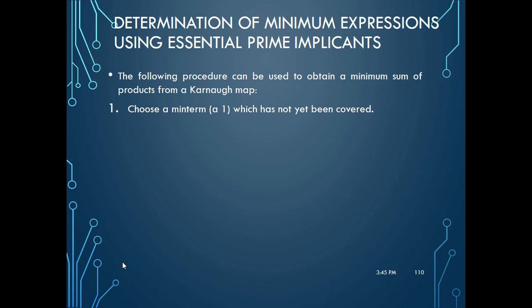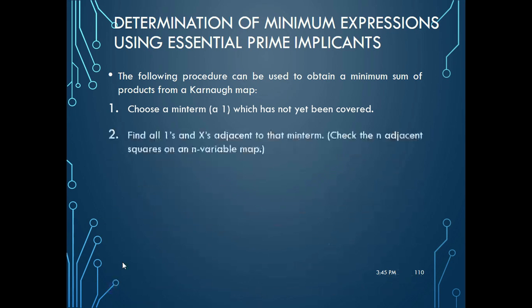Sometimes, in the previous problem, you may have chosen A bar C bar as an essential prime implicant, and in the next step there is no need to choose the same min term, for example M1, to include A bar C bar. So you have to include a new term. That is what they want to say: choose a min term which has not yet been covered.